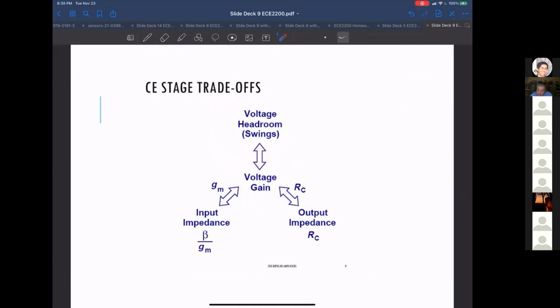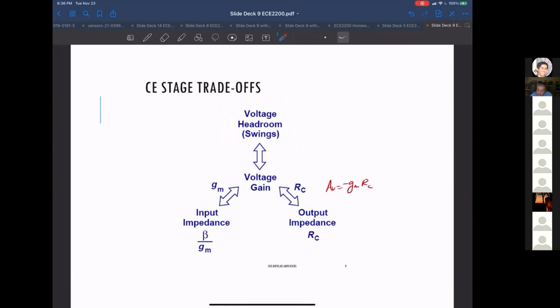You could be trying to design for a high voltage gain, but if your supply voltage is too low, you can't really use all the gain. You can try to increase R sub C to increase your gain, because gain is gm R sub C.